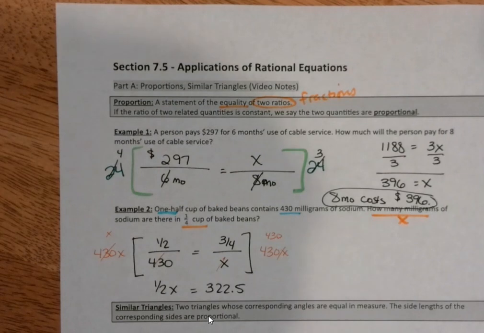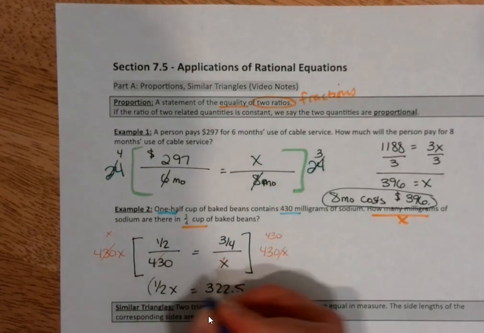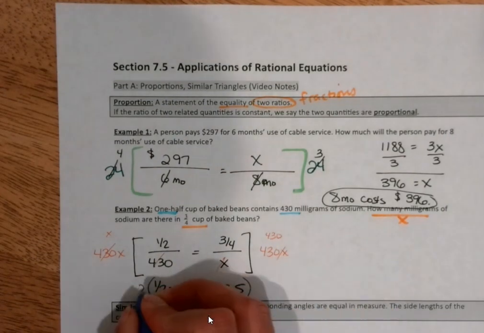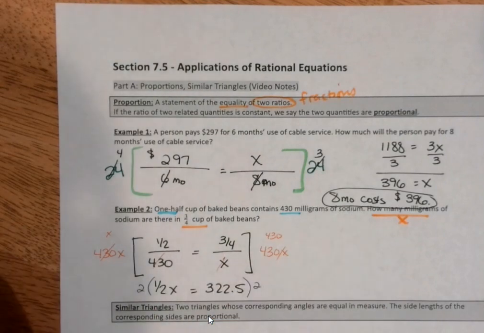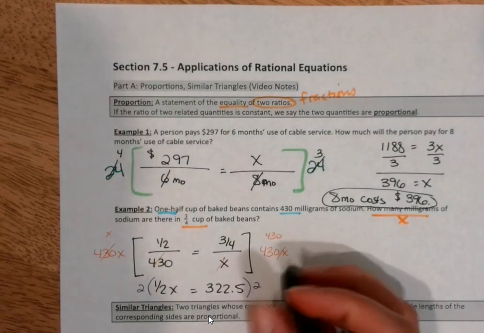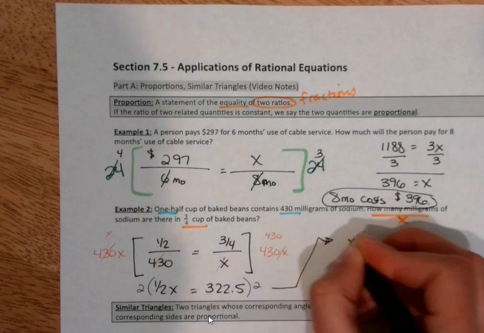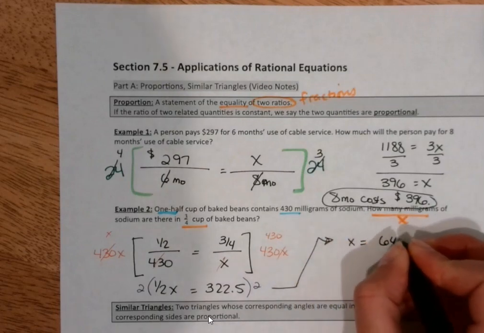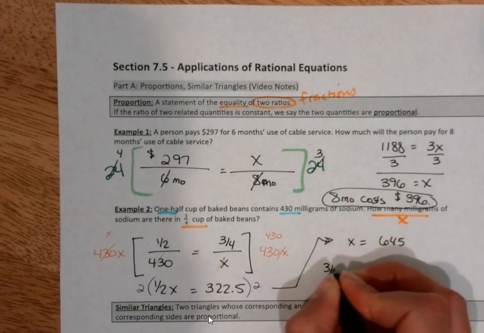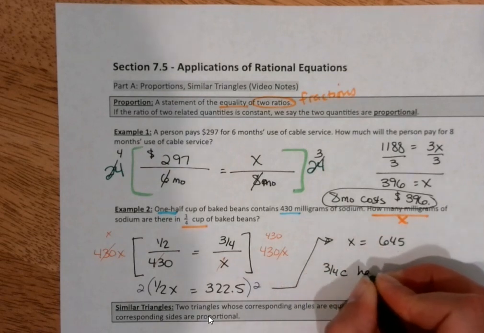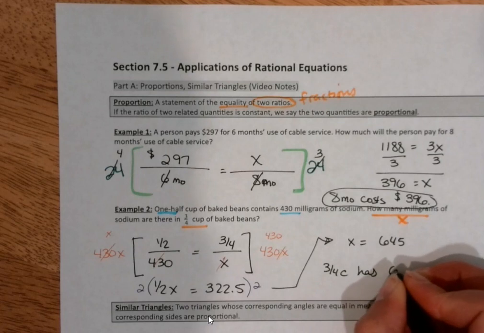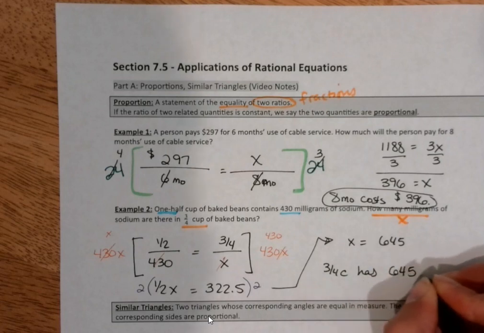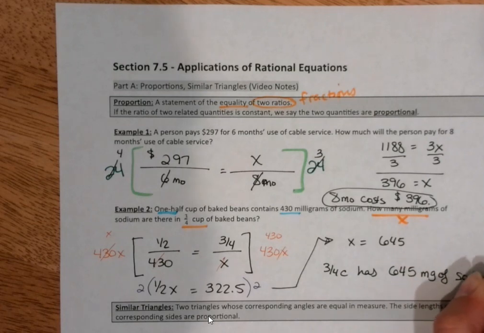Okay. To continue solving, we would divide by 1/2, which is the same thing as multiplying both sides by 2. So that gives us x equals 322.5 times 2, which is 645. So 3/4 cup has 645 milligrams of sodium.